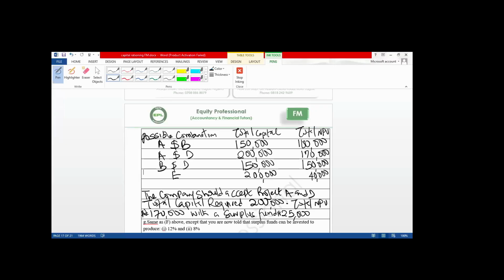Which project to be selected? You can reinvest your surplus fund.